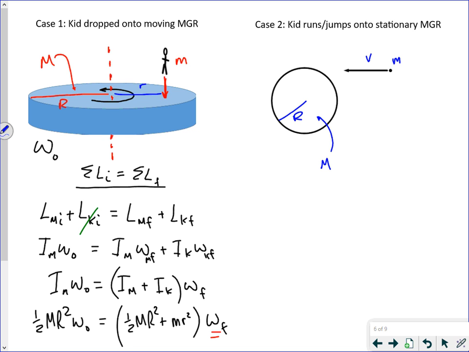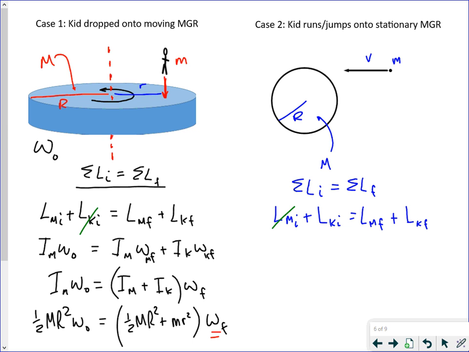All right, well, again, we conserve angular momentum. We say merry-go-round initial, kid initial, merry-go-round final, kid final. In this case, it's the merry-go-round that has no initial angular momentum. Right? The kid does have angular momentum.